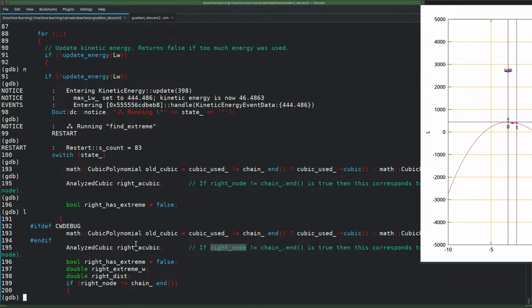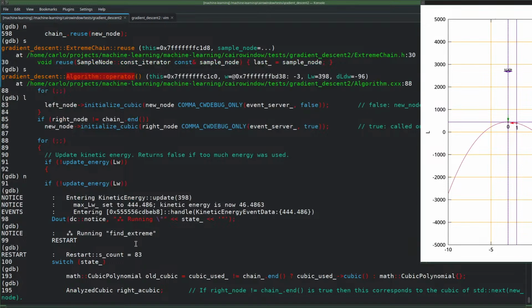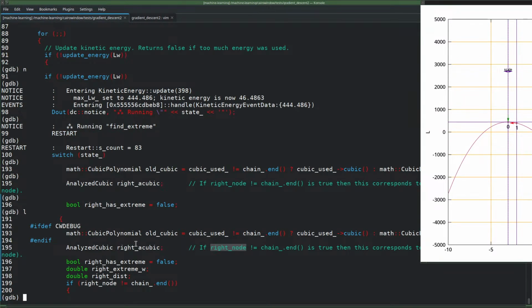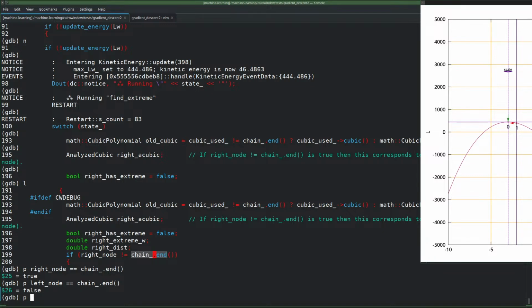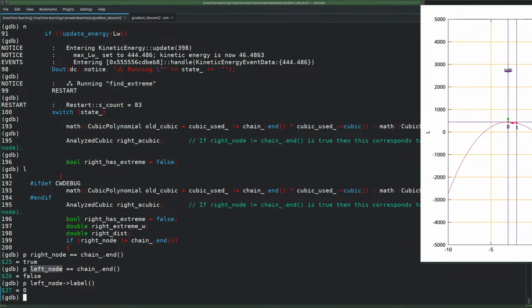Well, can't be right. What is this? This is not correct.